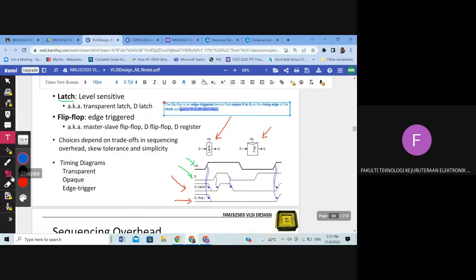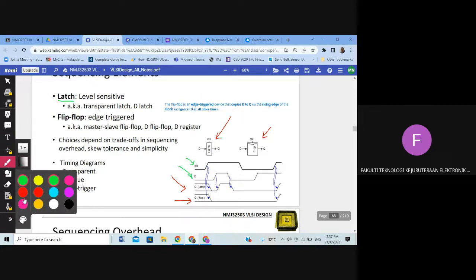Okay, an example. Maybe try a different color. Just focus on the Q flop. Q flop is actually the output of this. This is flop, this is latch. So now we focus on the flop first. The output of the flop is this one.